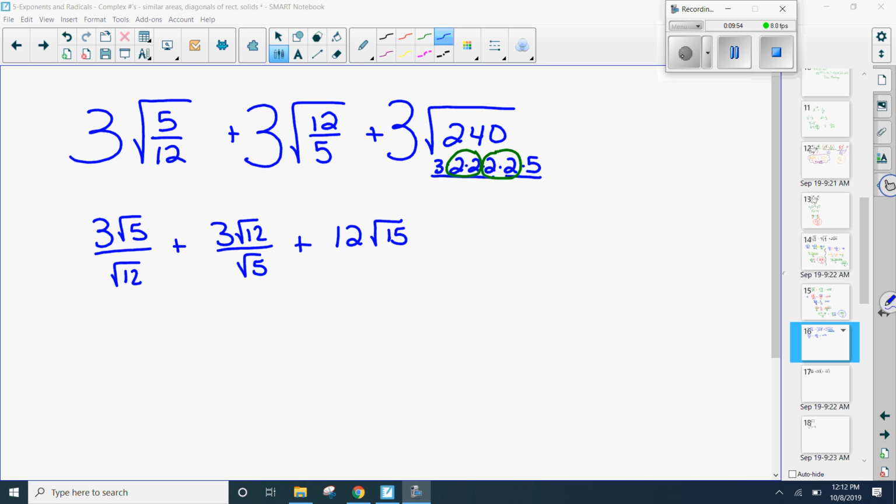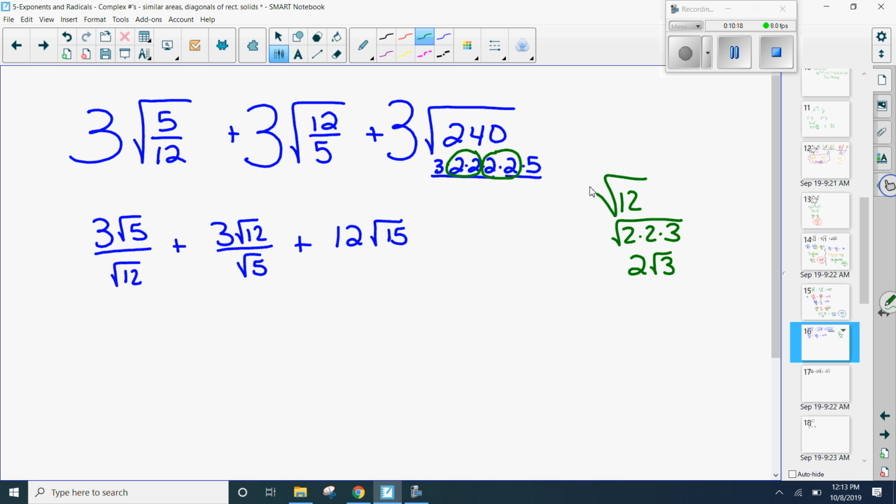Now, something else that I would probably do within this step is simplify the square root of 12. So the square root of 12 is 2 times 2 times 3, so I would write it as 2 radical 3. You don't have to, though. You can leave it as radical 12. You're just going to be working with larger numbers.